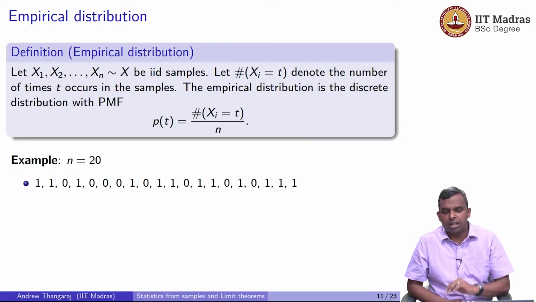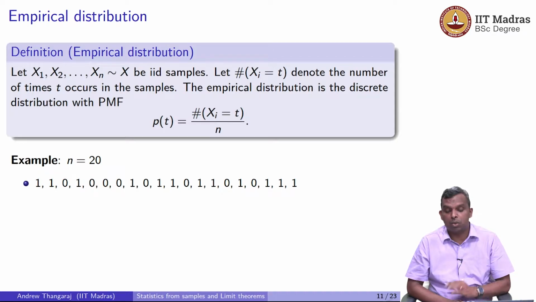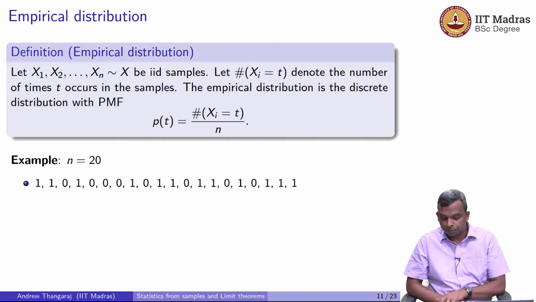Let me give an example. I think that's probably clear, and the example will make it very amply clear. Here is a situation where you have 20 samples, and these are the samples given to you: 1, 1, 0, 1, 0, 0, 0, 1, 0, like that. What is the empirical distribution of this sample?